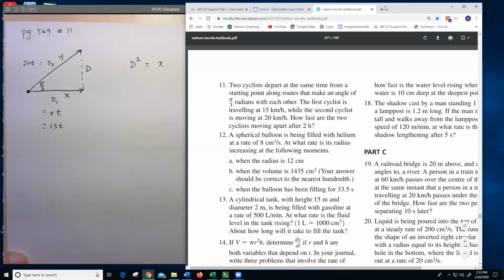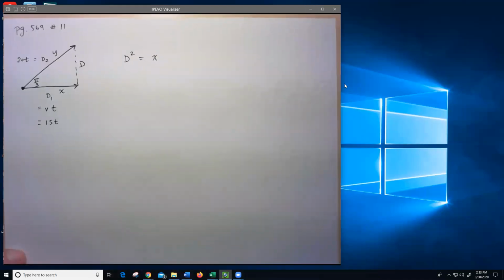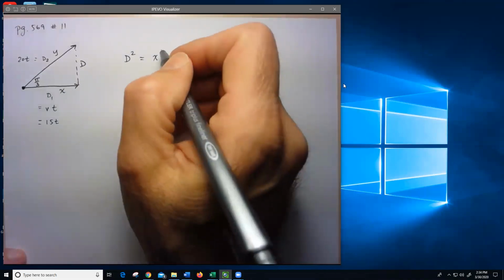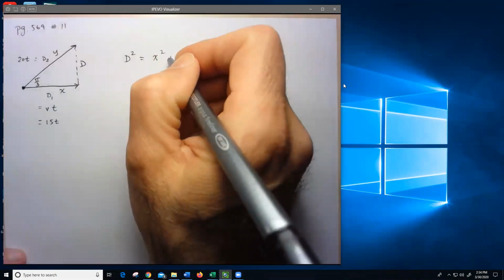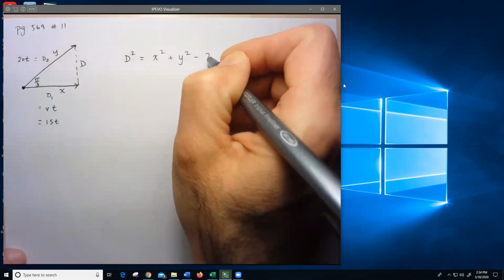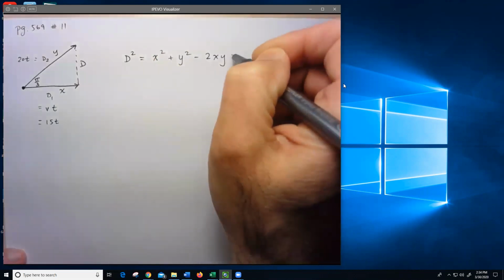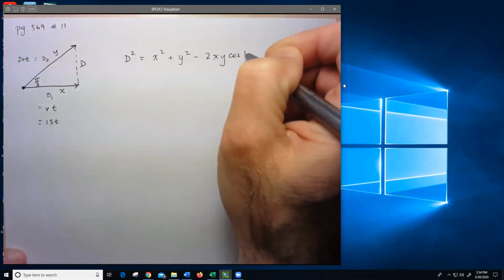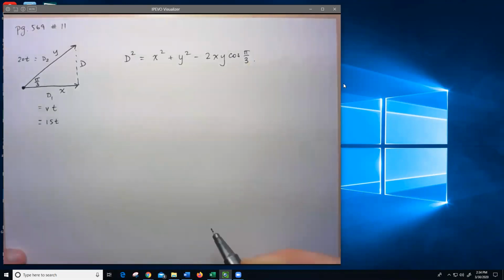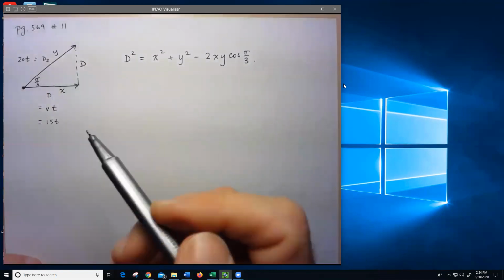Sorry, these windows are making it hard to see things here. There's just going to be x squared plus y squared minus 2xy times cosine of pi over 3, since that's a constant, okay? And I realize I don't even need to write this in terms of time.